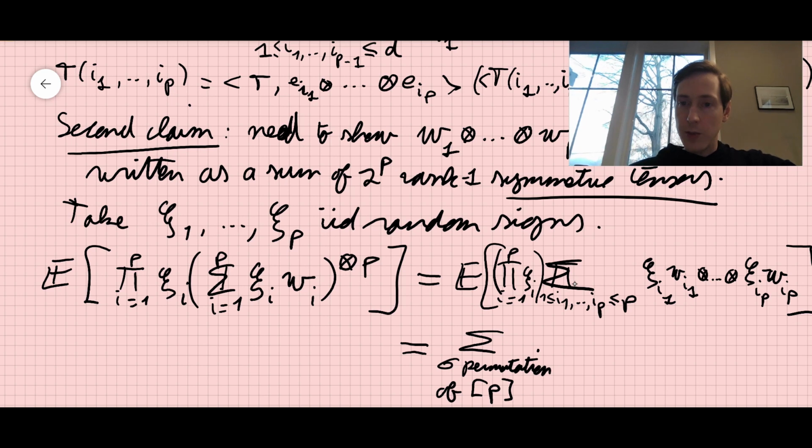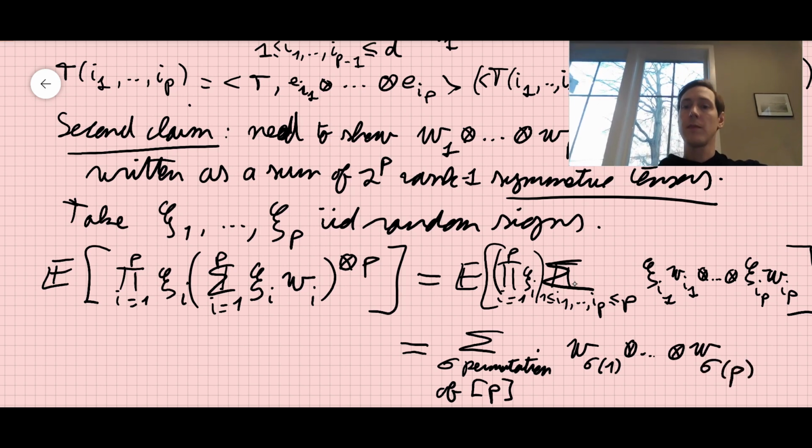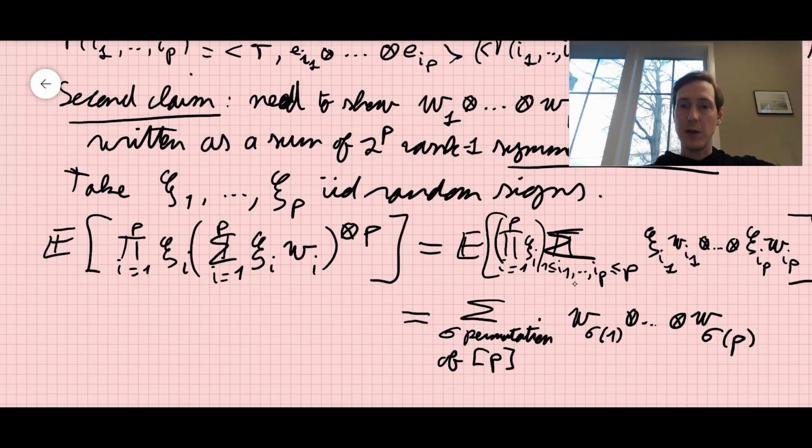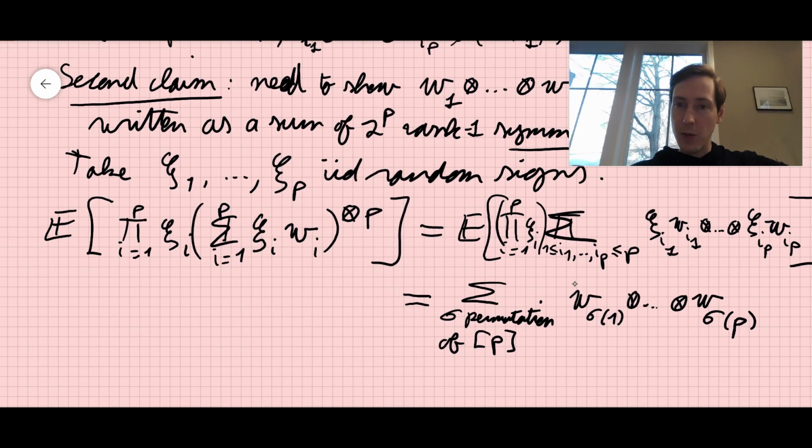And what do I have? I just have W sigma 1 times etc. times W sigma p. And let me just verify that I'm not missing a factor here. I'm probably missing 1 over 2 to the p.